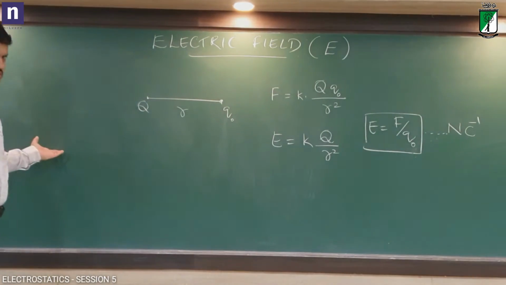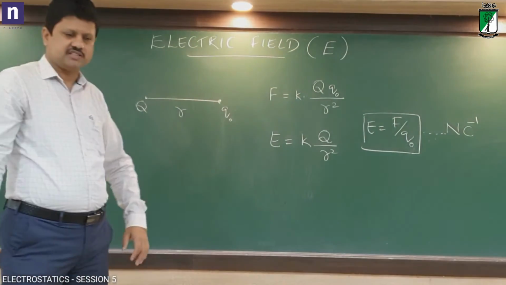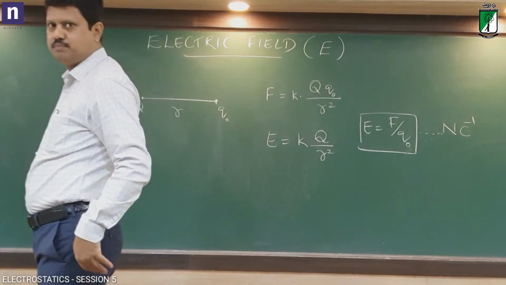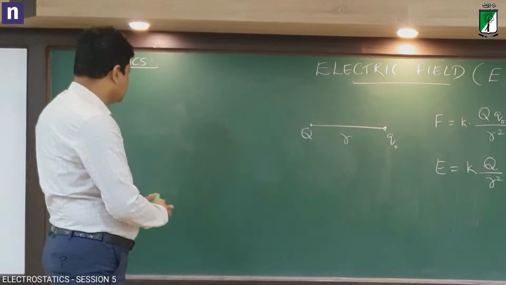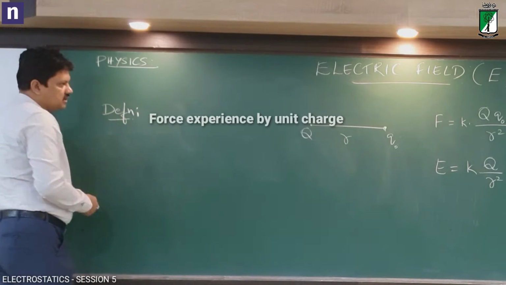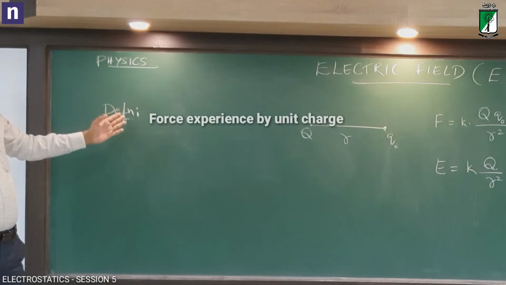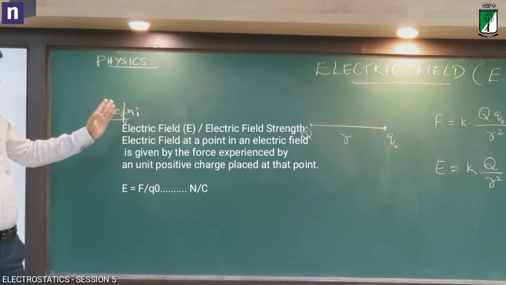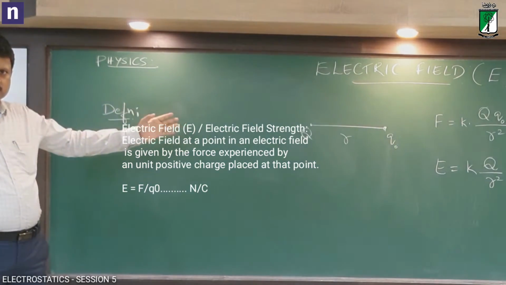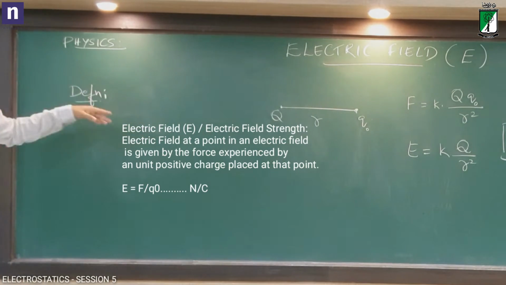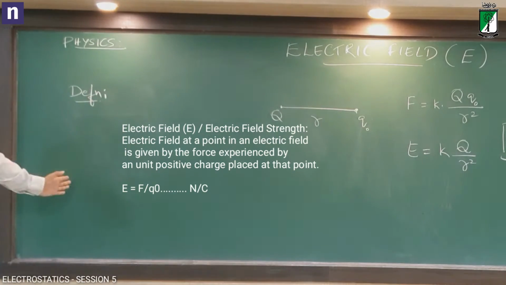So the definition is very simple. The force experienced by a test charge or a unit positive charge placed at a point gives the electric field at that point. So force per unit charge is called electric field. Its SI unit is Newton per coulomb.